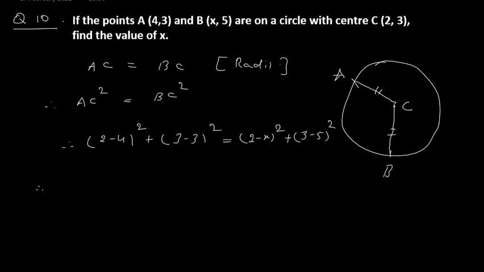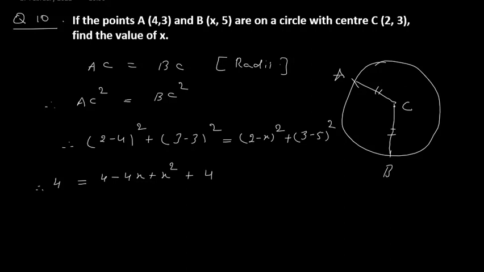So therefore here we have 2 minus 4 is minus 2 square is plus 4, 3 minus 3 is 0, equal to, now on this side it is 4 minus 4x plus x square plus 3 minus 5 is minus 2 square is plus 4.